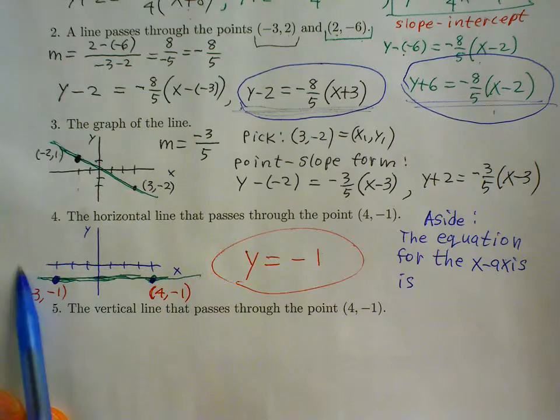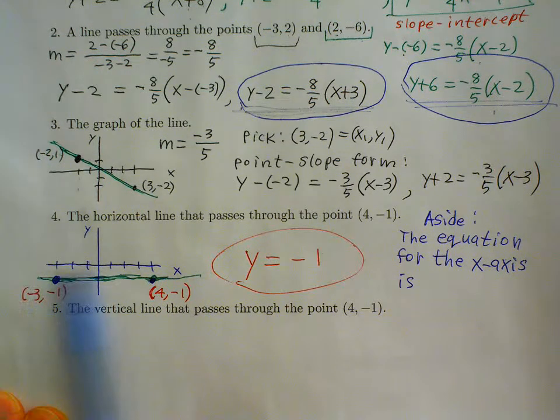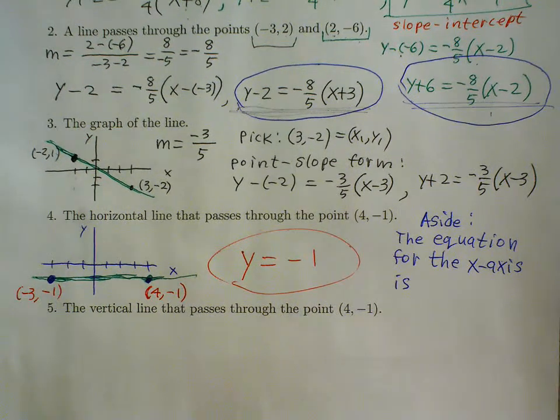Well, the x-axis is a horizontal line. What does every point on the x-axis have in common with every other point on the x-axis?